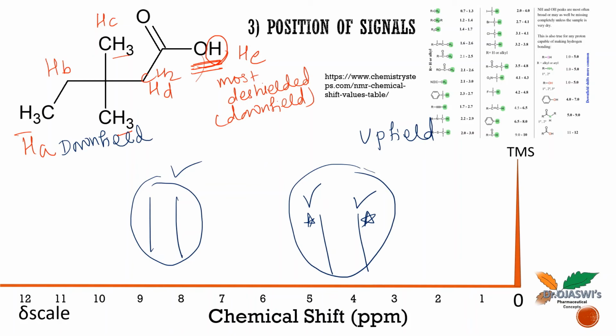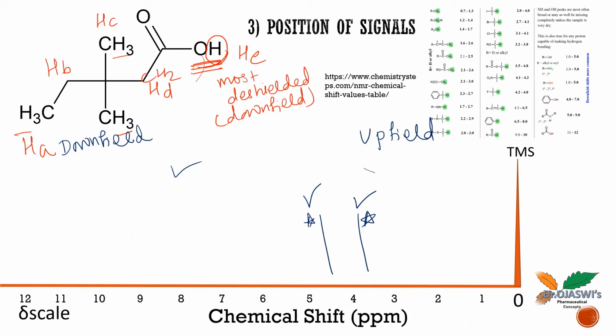We were talking about the hydrogen which is present on the oxygen. So this hydrogen which is present on the oxygen is highly de-shielded. Why? Because it is attached to the electronegative group, right? So such highly de-shielded hydrogen will appear downfield. Downfield means higher delta values.